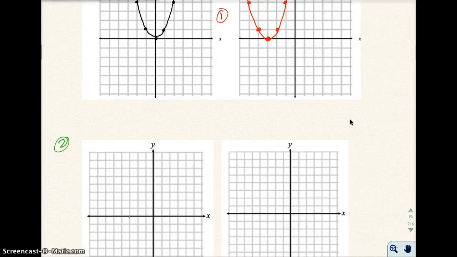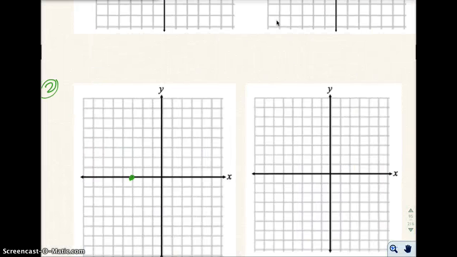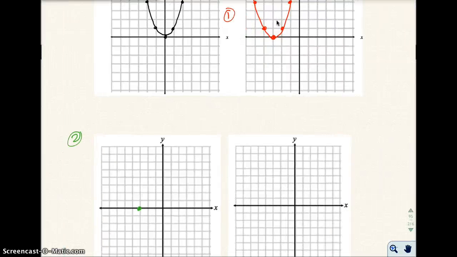Y coordinate multiply 2 stay the same. This one becomes, the y coordinate is 1, so it becomes 2, so it goes right there. This y coordinate was 4, so now it becomes 8.